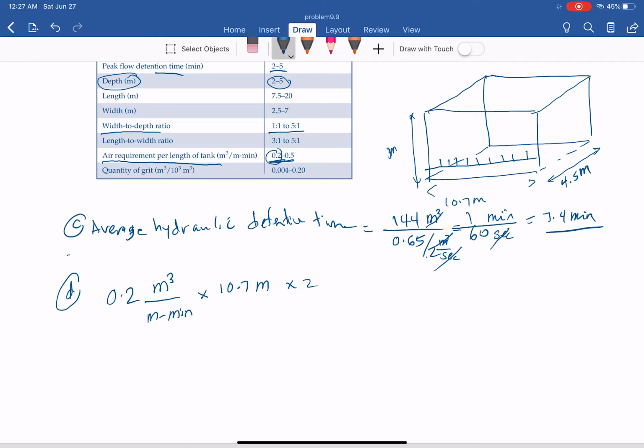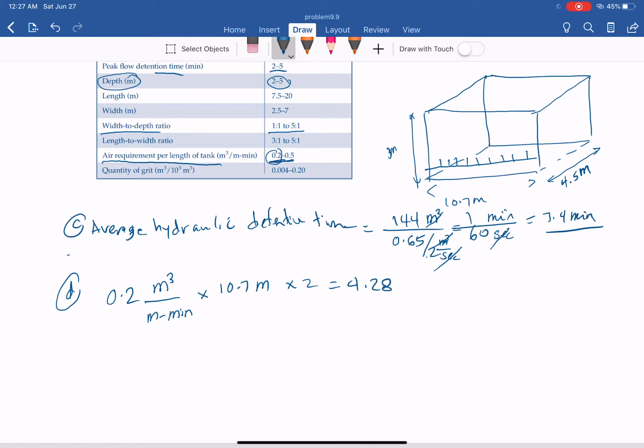So you'll have it like this: 10.7 times 2 times 0.2, and that is 4.28.